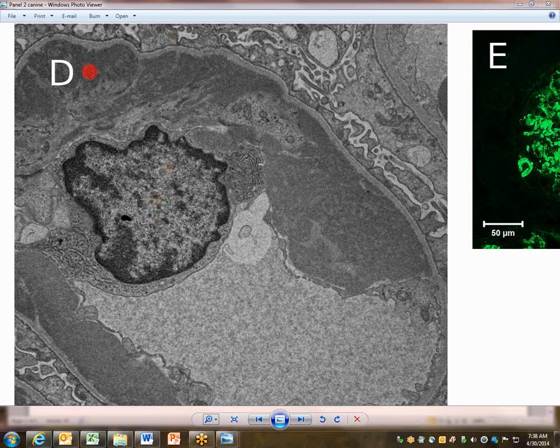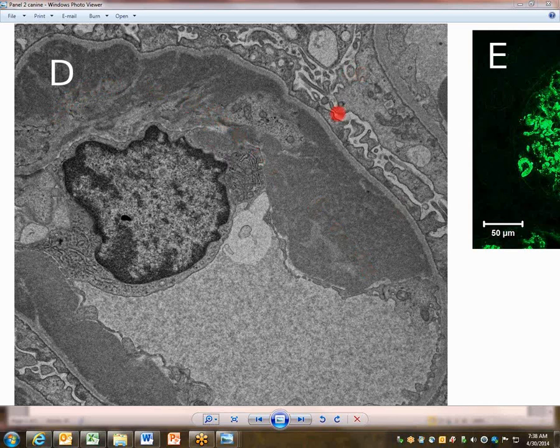Extending from the mesangium out into the wall of the capillary loop are variably electron-dense deposits. They're quite large, and they are going in between the endothelial cell cytoplasm and the glomerular basement membrane. They are quite prominent in the mesangial zones, and then they have a continuous extension out into the capillary wall.